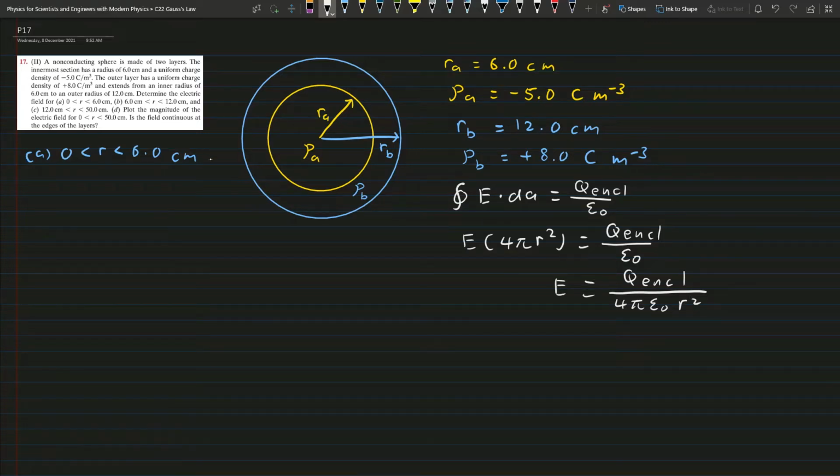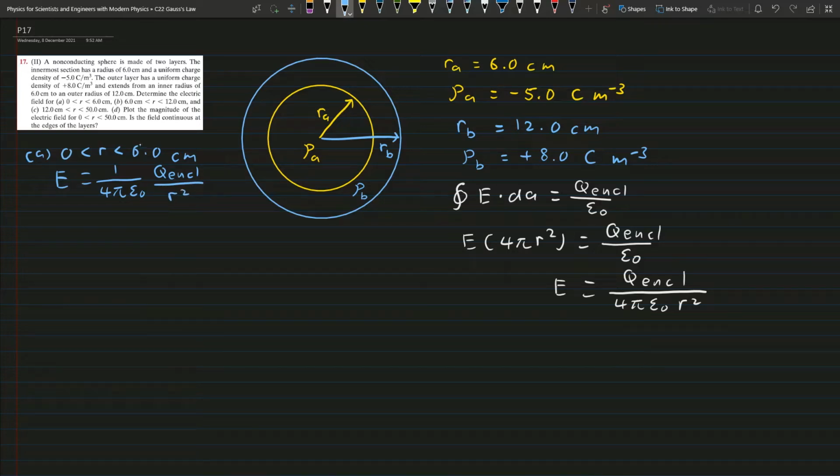So we go back to here. We already know this E will equal 1 over 4 pi epsilon naught, times Q enclosed over r squared.